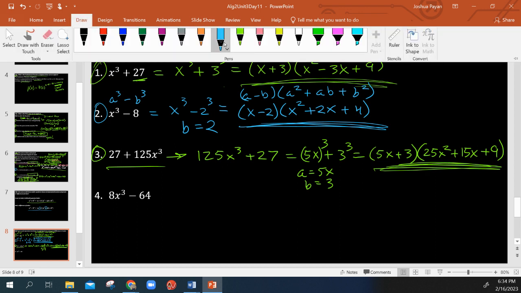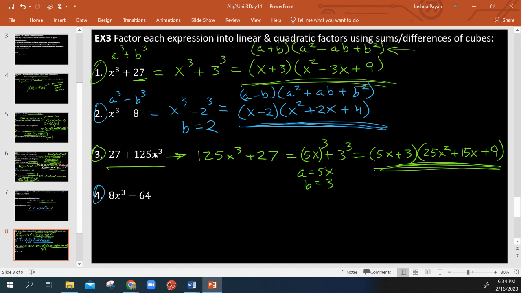Okay, last one for this video. Same idea as before. We have to be careful with this first term here. We see that a is going to be equal to 2x, because 2x to the third power is 2x times 2x times 2x. 2x times 2x is 4x squared, and 4x squared times 2x gives us 8x to the third.